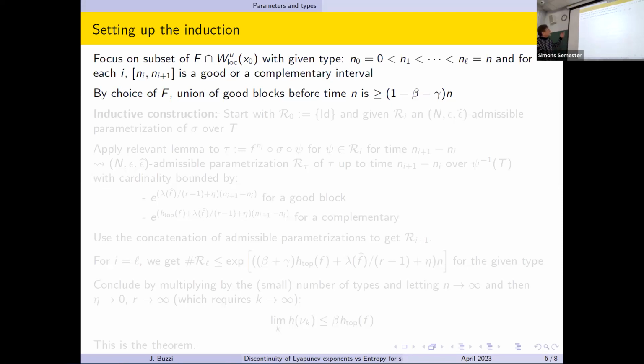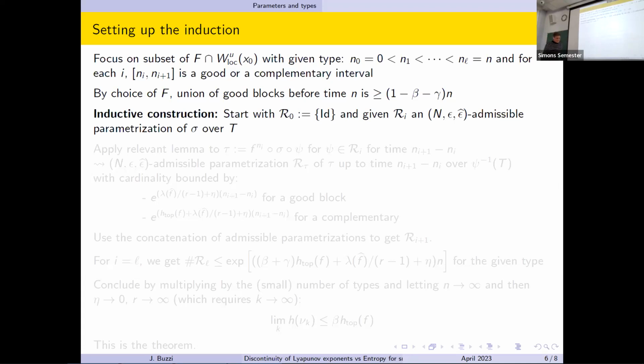Now we take a point, we focus on the part of the curve contained in this set F and with a given type, so a given position of the good blocks. Now we do the construction, as usual, also inductively.